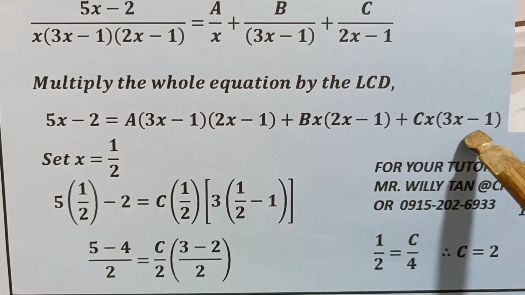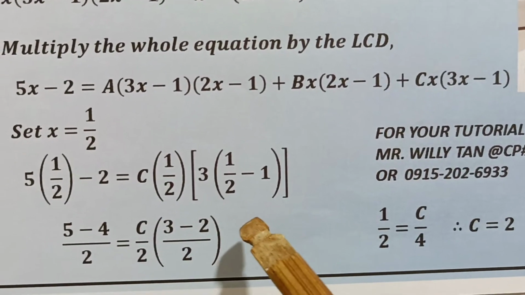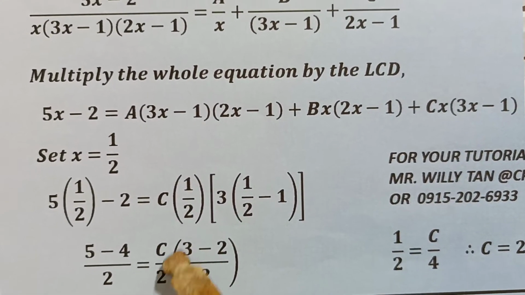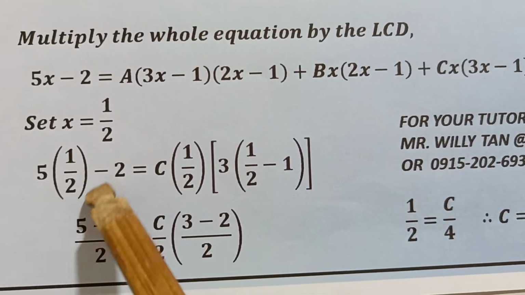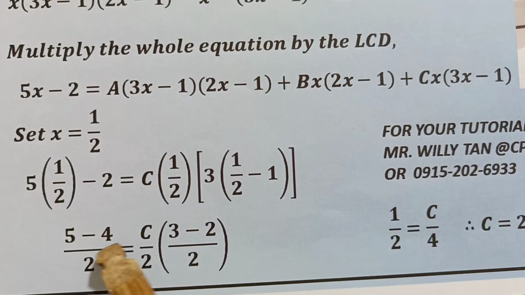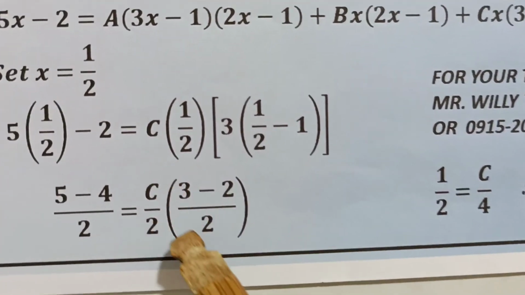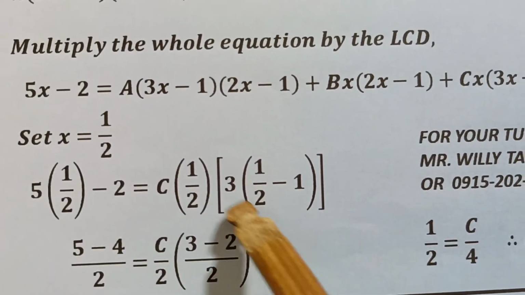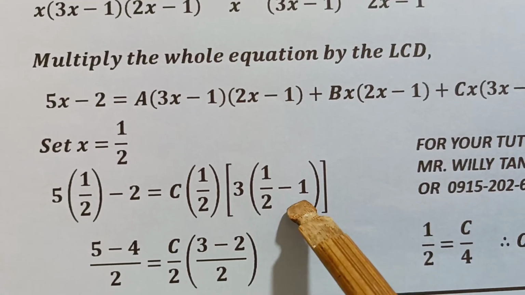So this one is 3. So this one is 5 minus 4, the LCD of the left side of the equation. 5 minus 4 over 2 is equal to c over 2 times, this one is 3 minus 2.